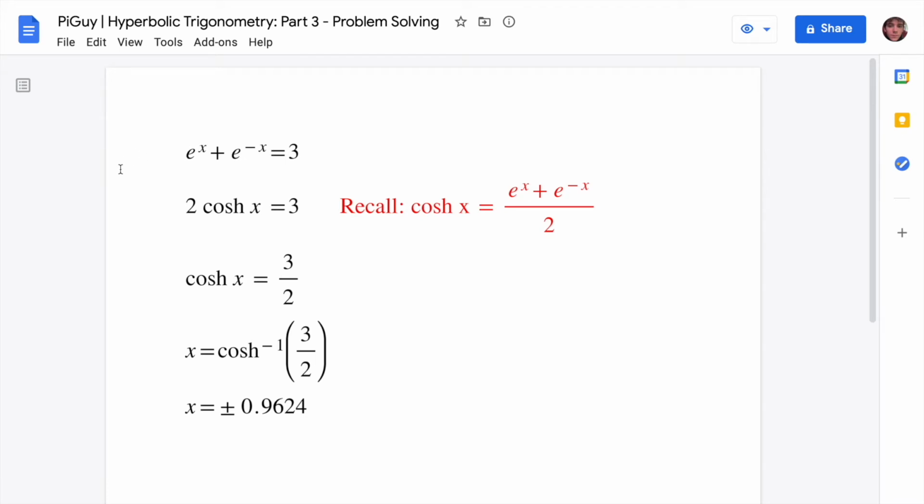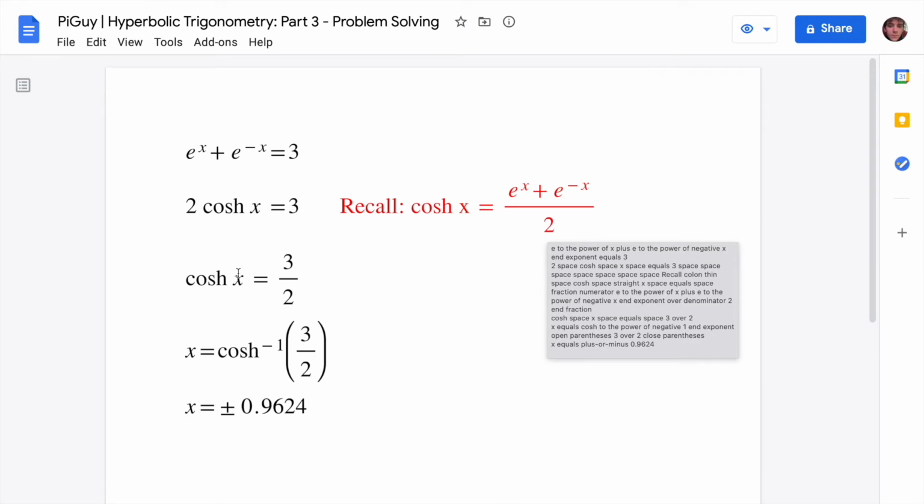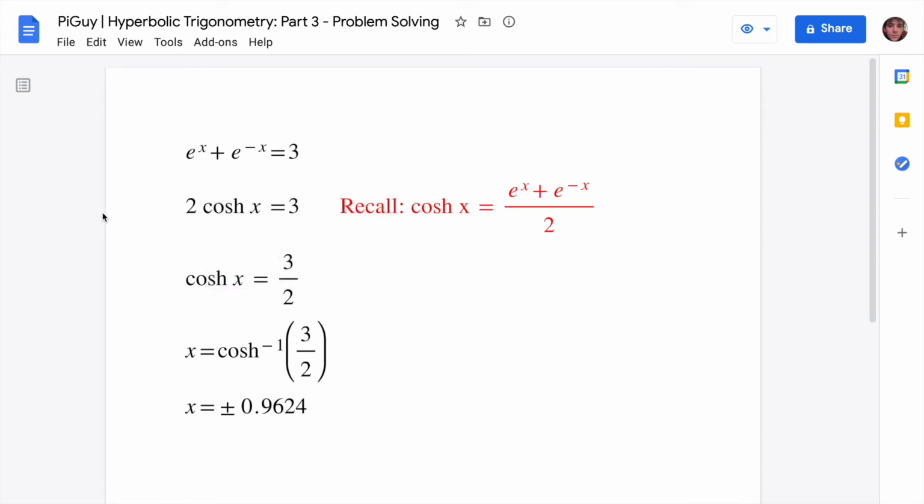We recall that the hyperbolic cosine of x is e to the x plus e to the negative x over 2. Now we don't have the over 2 here, so we have to make sure that it's 2 times the hyperbolic cosine, because if you have 2 times this, the 2 in the denominator would go away, and you just have the e to the x plus e to the negative x like we have here. So we need to make sure that we're doubling that.